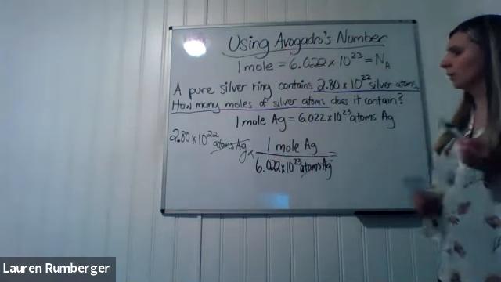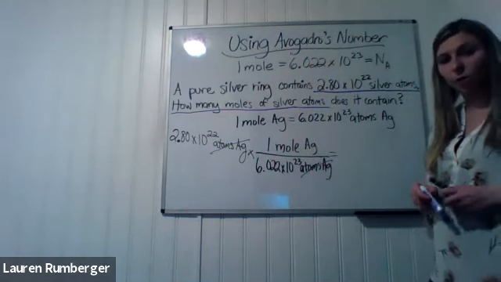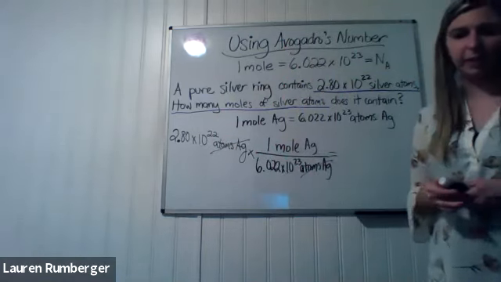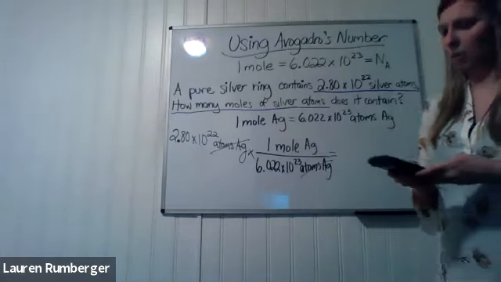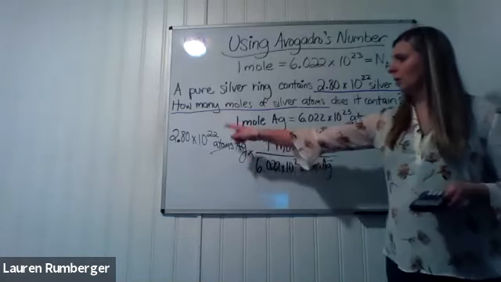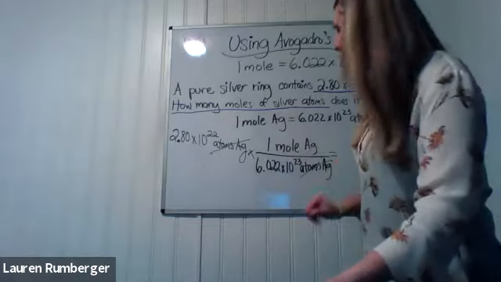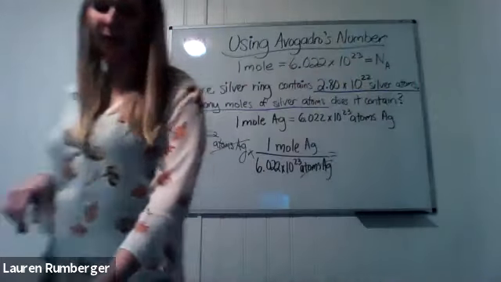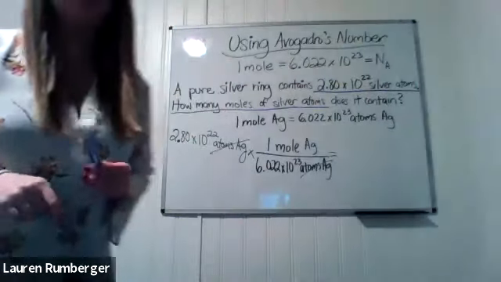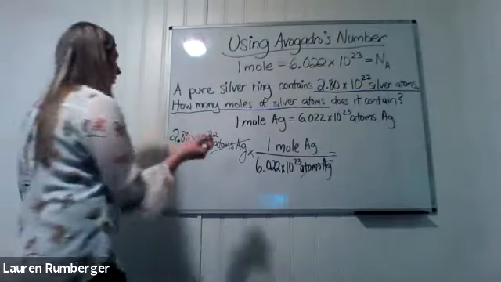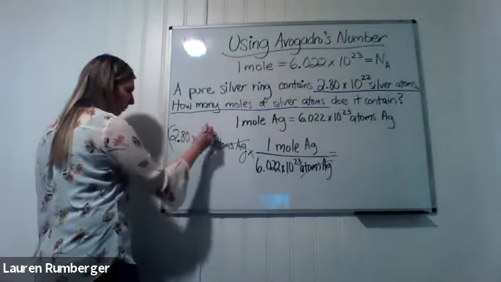Once you have your units canceled appropriately, we're going to begin our calculation. We begin our calculation using the given information and then dividing it by Avogadro's number. Now we notice we have 2 values here that include exponents.